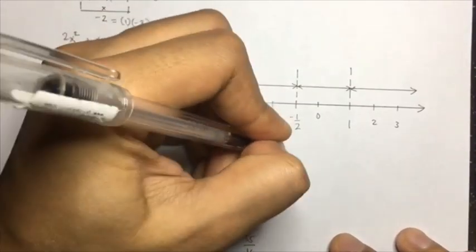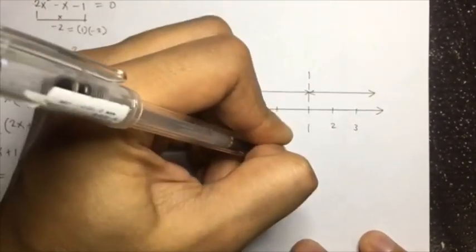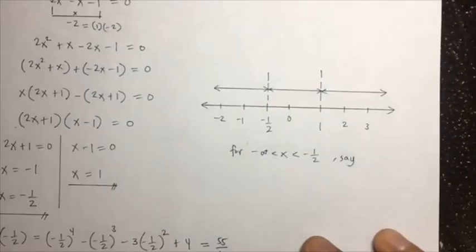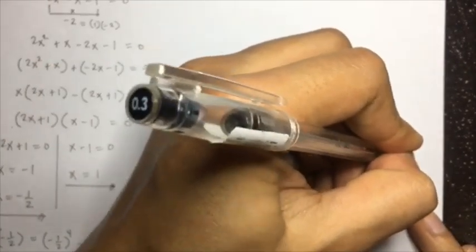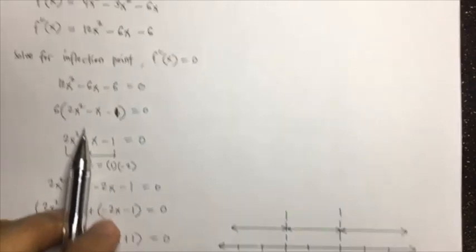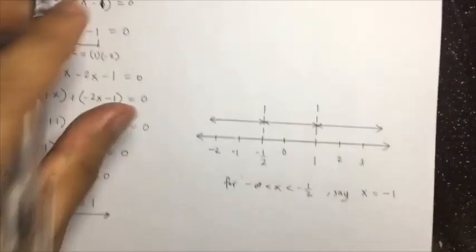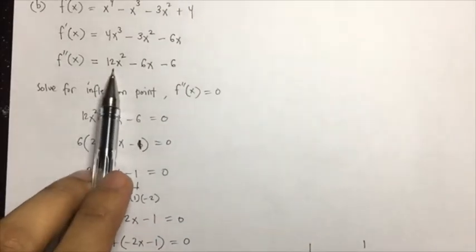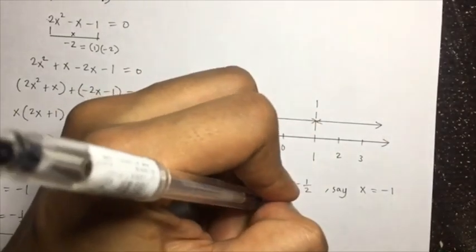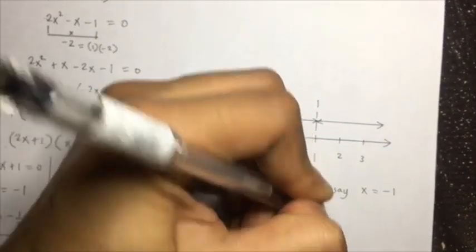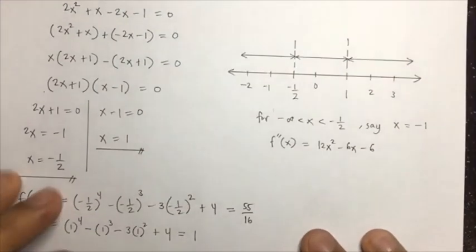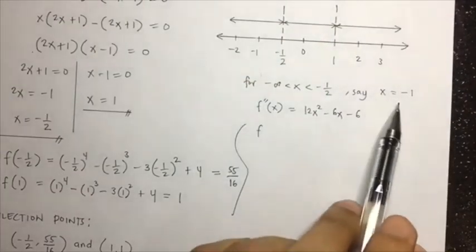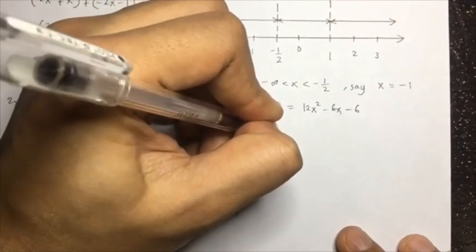Okay. So first we have from negative infinity to negative 1/2. So negative infinity is less than x is less than negative 1/2. So say x is equal to negative 1. Using our second derivative, f double prime of x is equal to, let's rewrite that, 12x squared minus 6x minus 6. So we'll substitute x equals negative 1 in our second derivative.